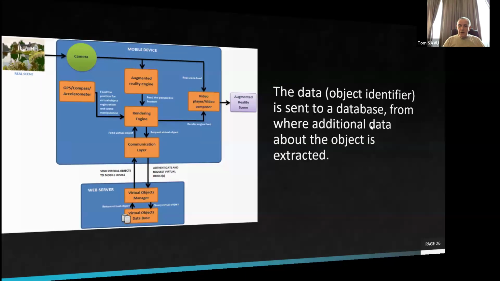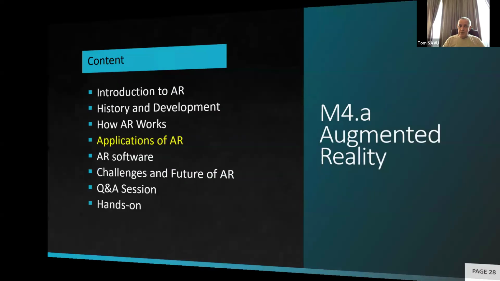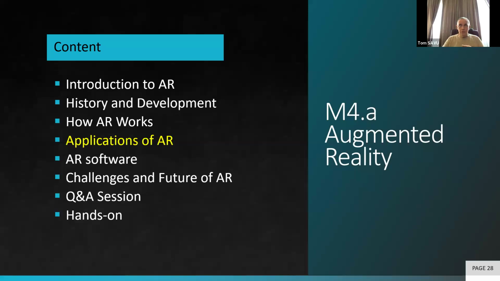After taking the data about the object, it is putting the data, which can be text or another image, the supplementary computer-generated data, on top of the real image the user is seeing. So from this point of view, it's pretty simple.